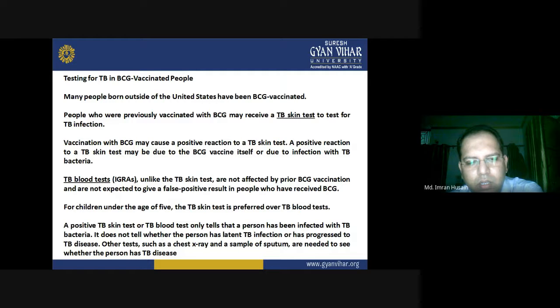It does not tell whether the person has latent TB infection or has progressed to TB disease. Other tests such as a chest X-ray and a sample of sputum are needed to see whether the person has TB disease.